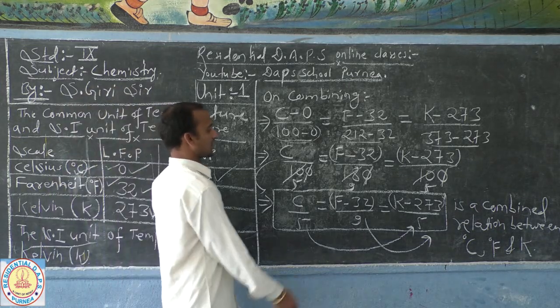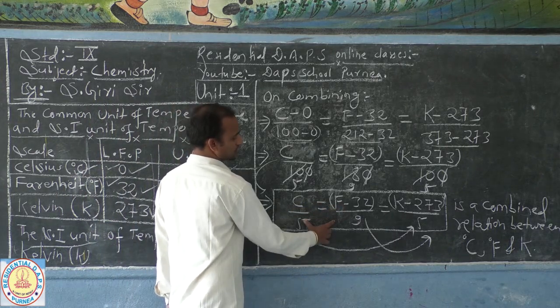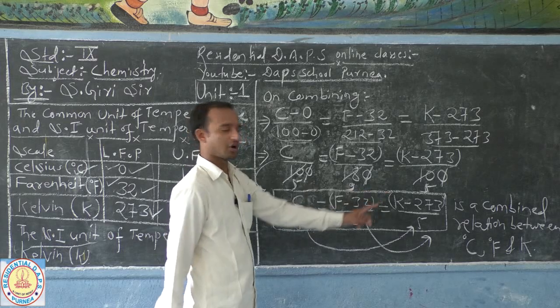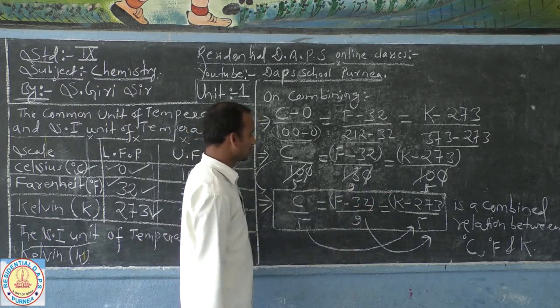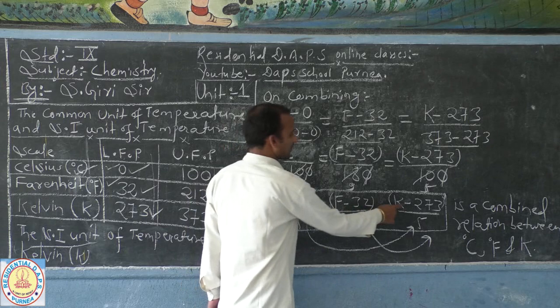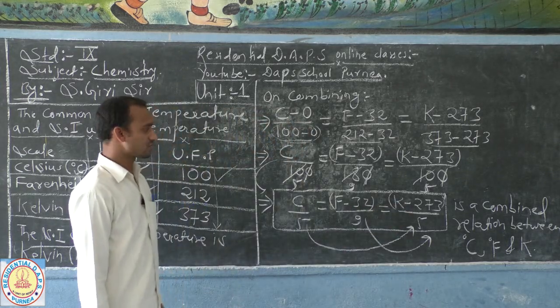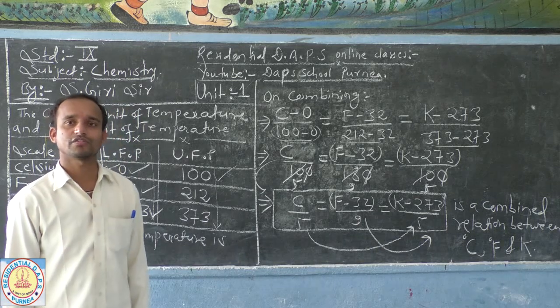If the question asks you to convert F into C, then you have to take these two. If it asks you to convert F into K, then you have to take these. If it asks you to convert degree Celsius into Kelvin, then these relations should be taken and you have to solve them just like linear equations.